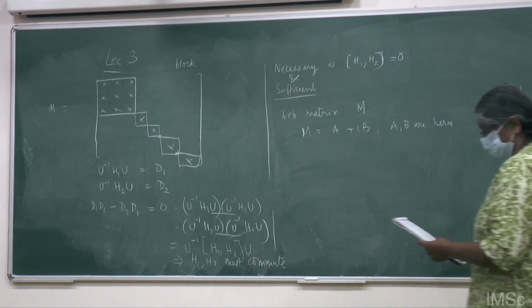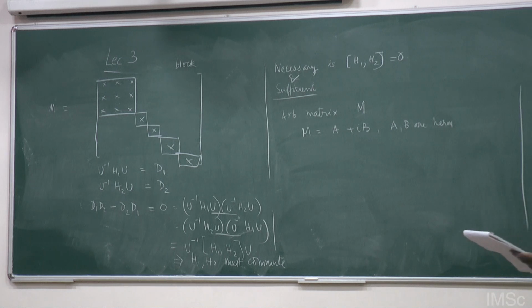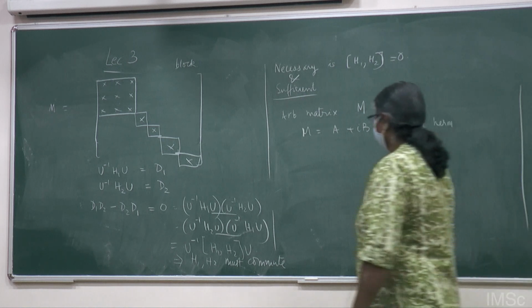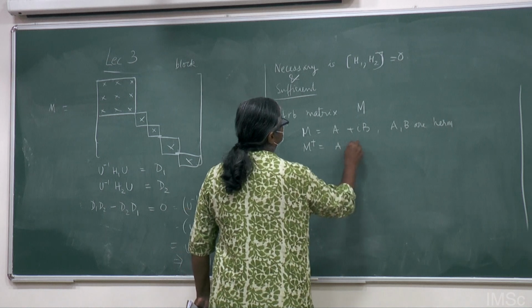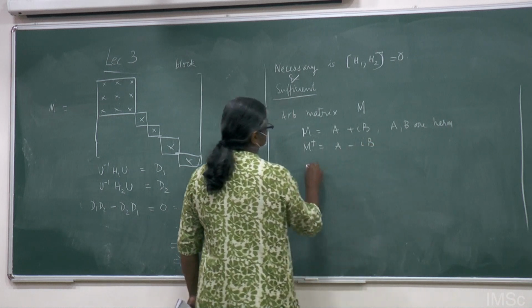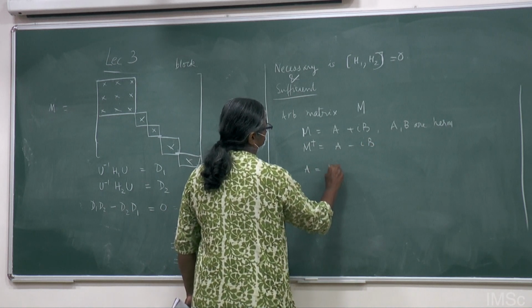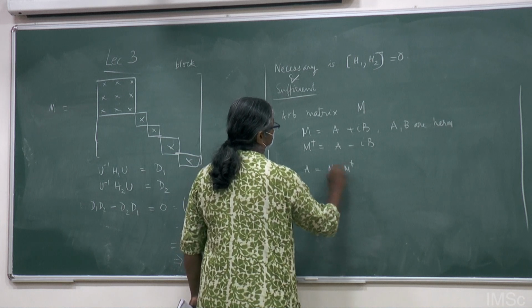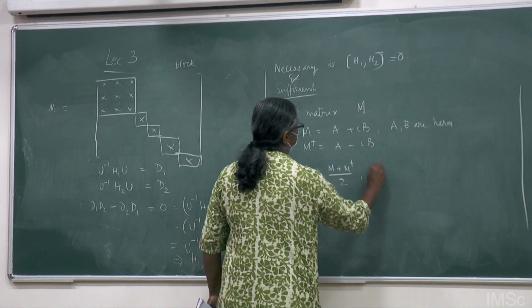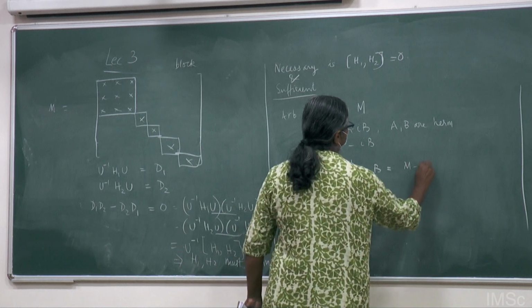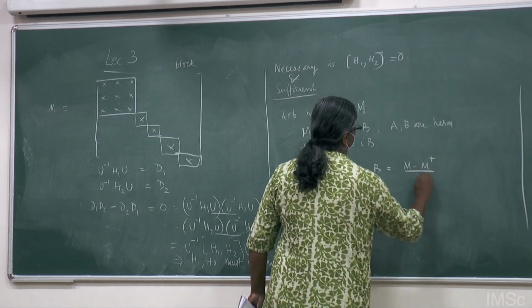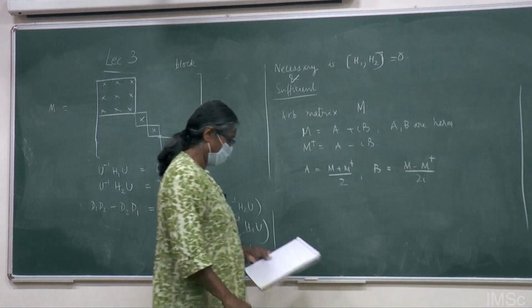It's always possible, right? How do we know this is possible? What are A and B? Very nice. M dagger is A minus iB. So A is (M plus M dagger) by 2, and B is (M minus M dagger) by 2i.